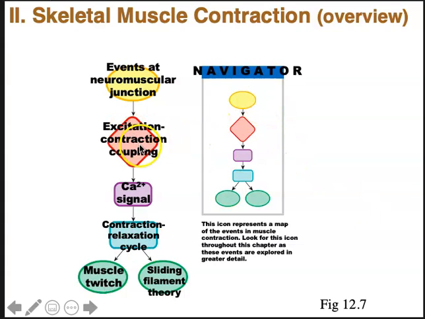So the excitation-contraction coupling really is the linking of electrical events from the neural perspective and the contraction events, the sliding filament model, in the muscle events. So this is a real rough view of skeletal muscle contraction, figure 12.7.